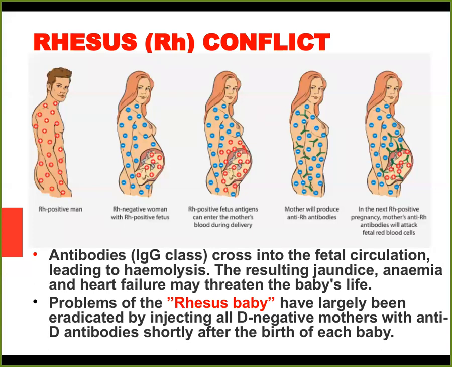And in some cases, it's about 25%, the mother may be rhesus negative, having no rhesus factor in her blood, and the baby takes genes from the father and produces rhesus factor, produces these proteins in its own blood.